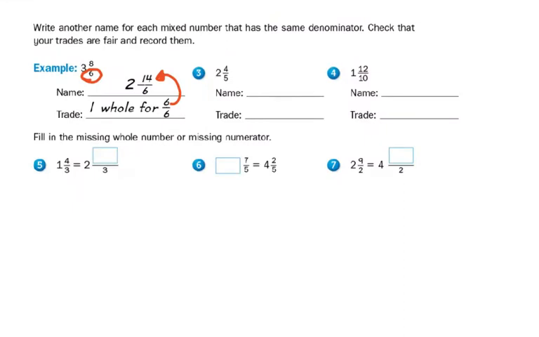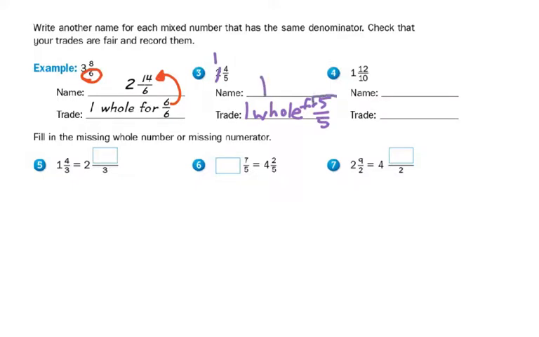So let's start with number 3. We're taking 2 and 4/5. I'm actually going to do the trading first. I'm going to trade 1 whole. What is my denominator? 5ths. So in order to trade 1 whole for 5/5, if I take 1 whole from 2, now we only have 1 left.